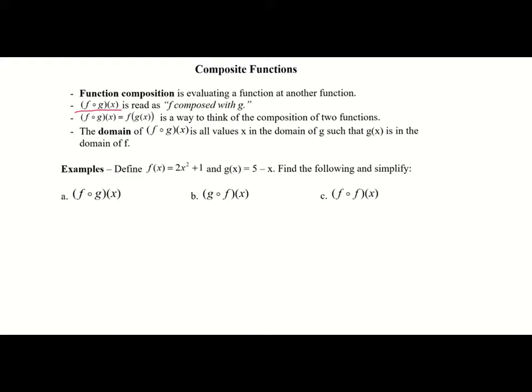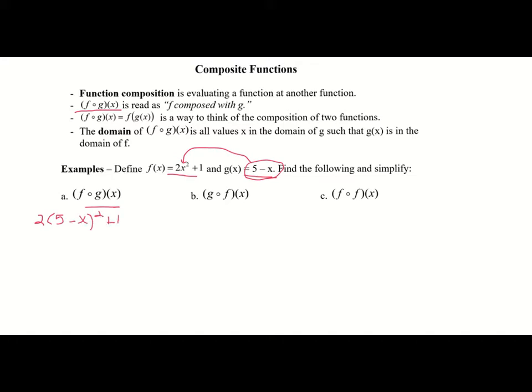We're going to start by looking at F composed with G of x. F of x here is 2x squared plus 1, and G is 5 minus x. If we do F composed with G, we take G, because it's listed second, and plug it into the x on F. So it will be 2 times (5 minus x), you keep that squared there, plus 1.